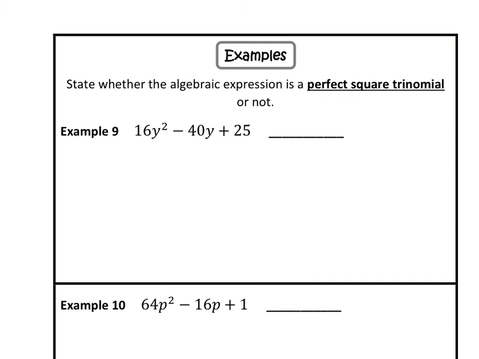So on the next page, it's asking us to identify if we have a perfect square trinomial. Trinomial means 3 terms. Do we have 3 terms? Yes. And it says we have to check if I can take the square root of the first term.